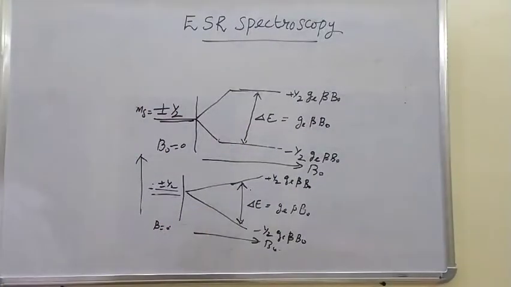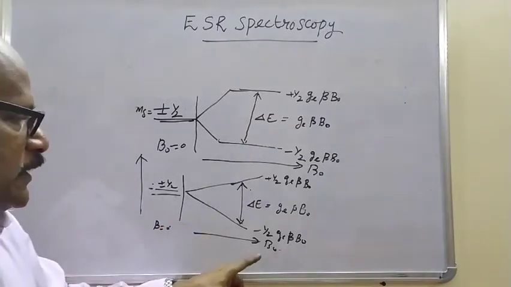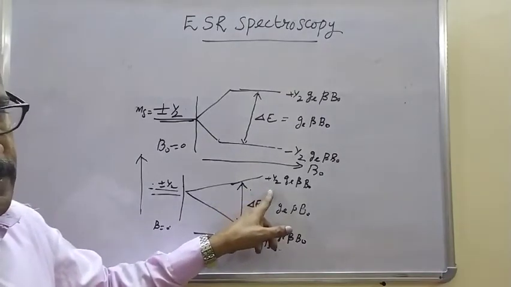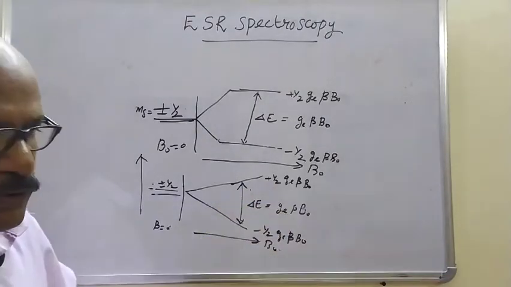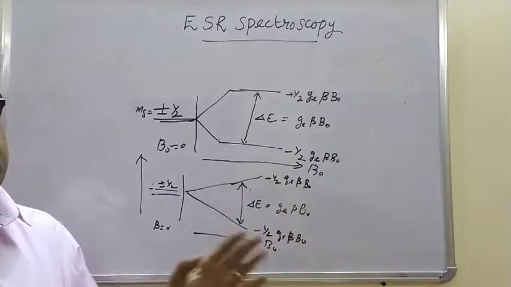This is slightly different from the nuclear spin level. In the nuclear spin level, the plus half state is lower energy while the minus half is higher energy. In the electronic spin level, the minus half is of lower energy and plus half is of higher energy. That is the only difference you have to note here.